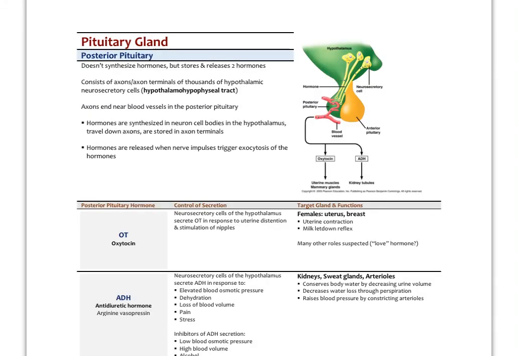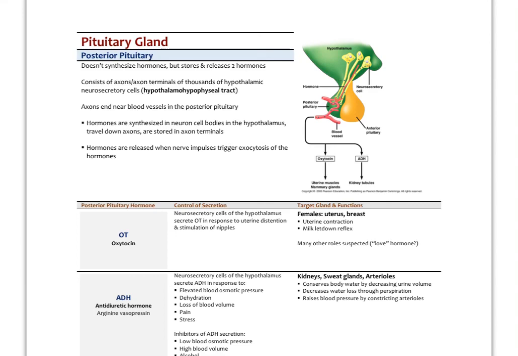Okay, let's jump over to the posterior pituitary. Again, this region doesn't actually synthesize the hormones, but can store and release the two hormones, and this would be oxytocin and antidiuretic hormone. So axons directly from the PVN and the supraoptic area project down directly onto the little portal system in the posterior pituitary.